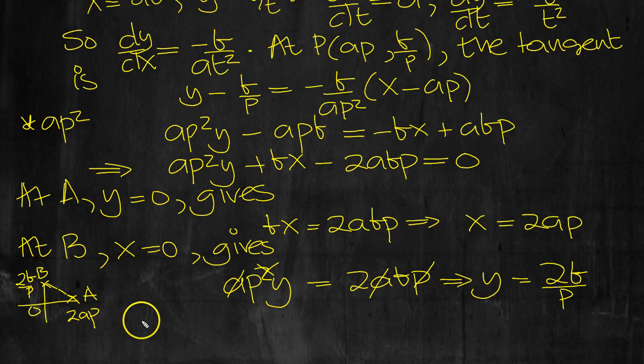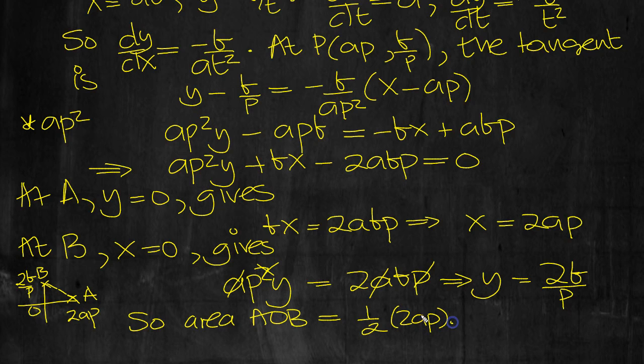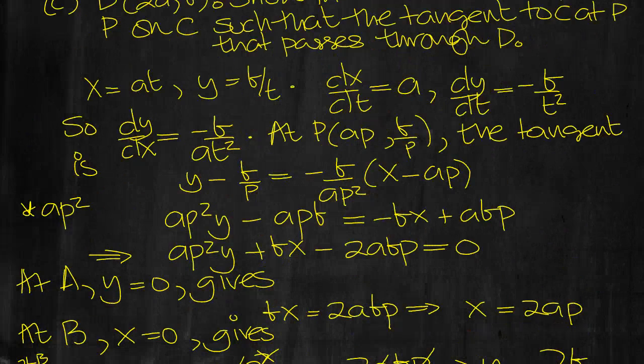So area AOB then is equal to half base, which is half of 2ap, times the height, which is 2b over p, which is equal to then, the p's cancel, the 2 cancels, and we're left with 2ab. So that's our area, units squared.